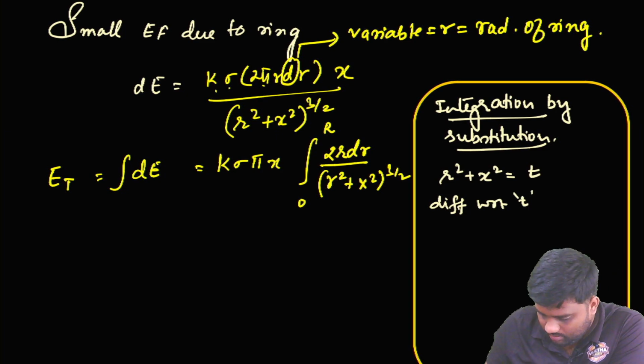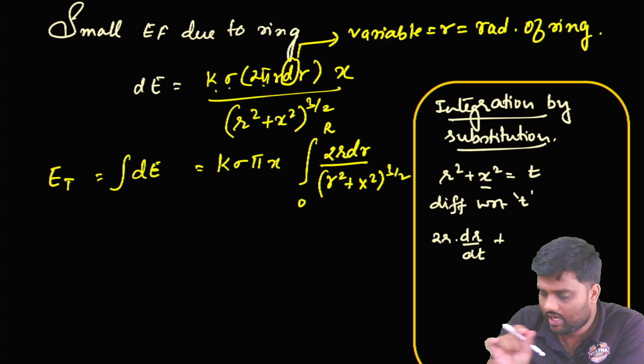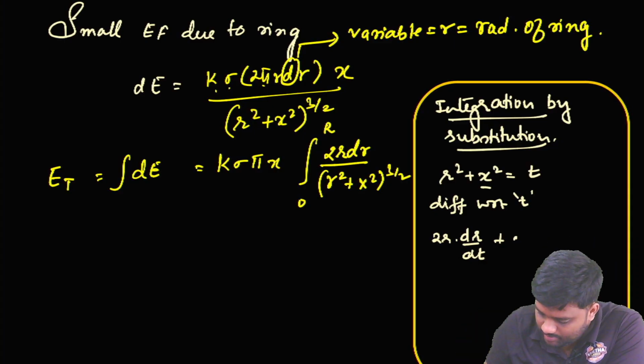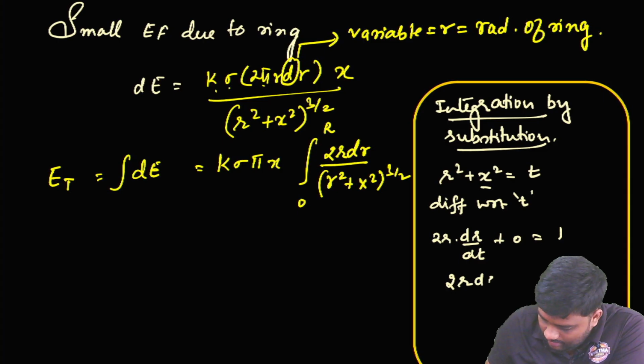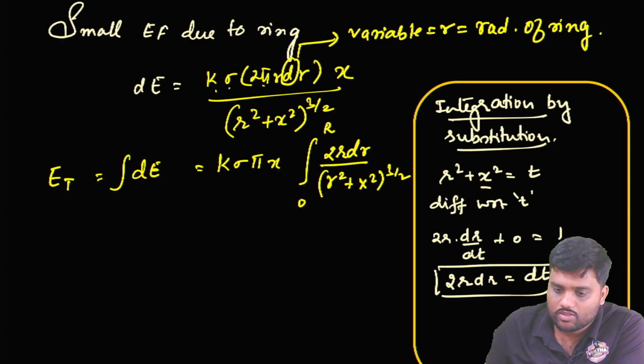Now we will get 2r dr by dt plus x, which is constant, since the distance is constant, that comes out to be 0. This is equal to 1. So 2r dr is equal to dt. Meanwhile x square plus r square comes out to be t.